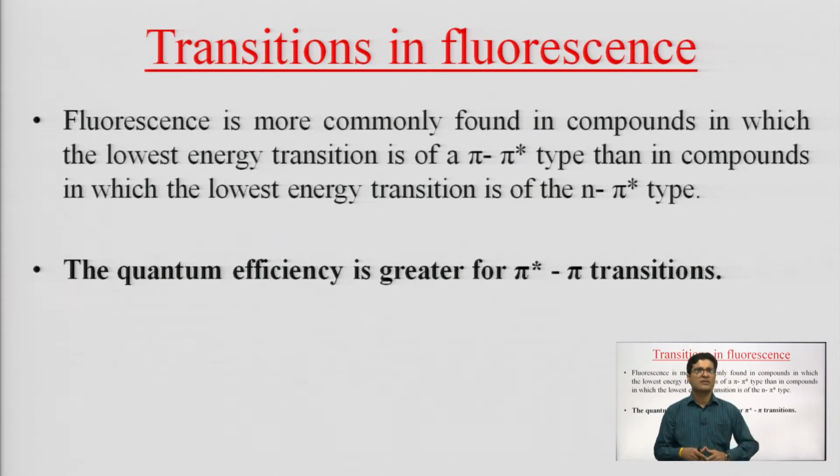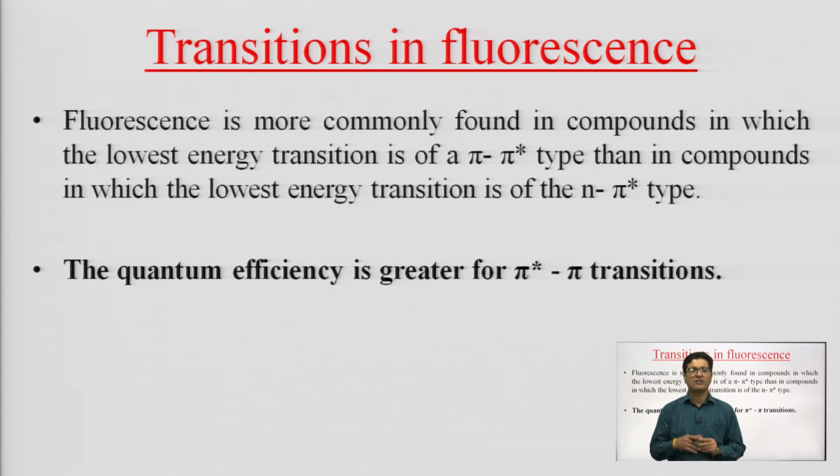So, fluorescence is more commonly found in compounds in which the lowest energy transitions, of pi to pi star type or n to pi star type, are favored. In fact, if we compare the pi to pi star and the n to pi star transitions, the most favorable transition for fluorescence is the pi to pi star transition.